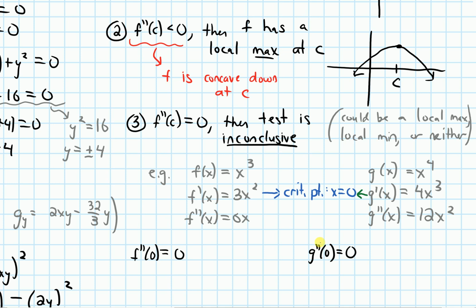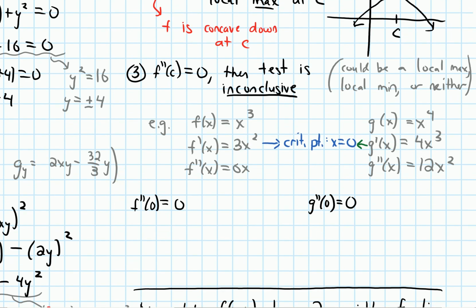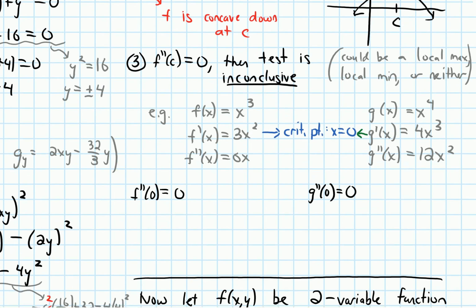So both of these are situations where plugging the critical point into the second derivative gives 0. Now I'm going to draw the graphs of the original functions to show that in f and g, different things happen, and that's why it's inconclusive.